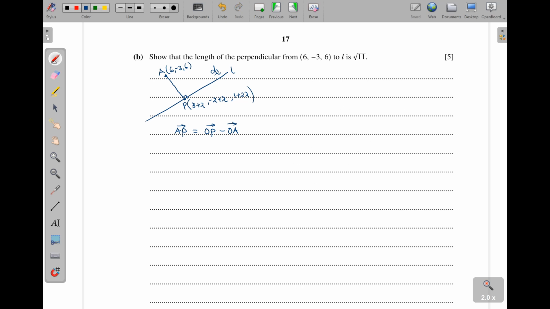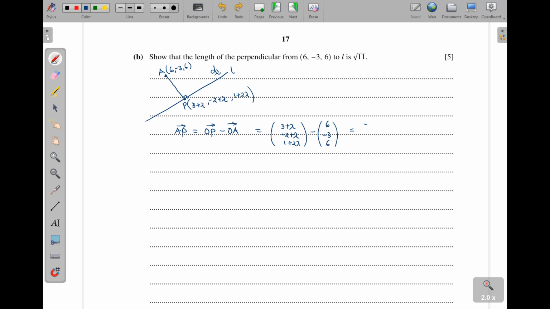Now, what are we going to have here? Our OP is this (3 + lambda, -2 + lambda, 1 + 2 lambda). So when I subtract OA, it is (6, -3, 6). So 3 minus 6, what do we get?